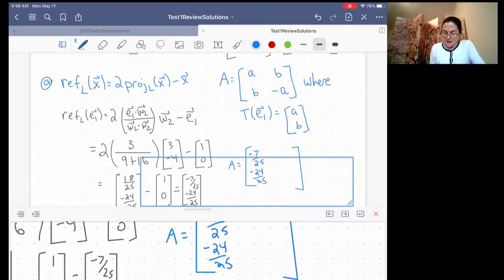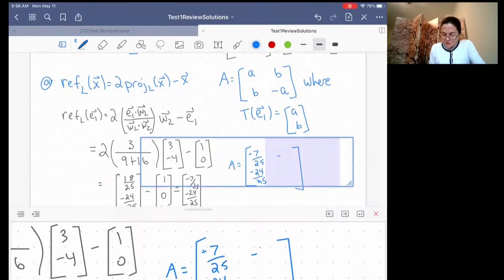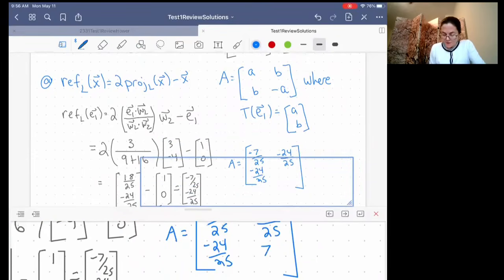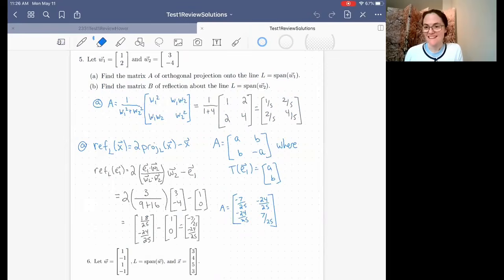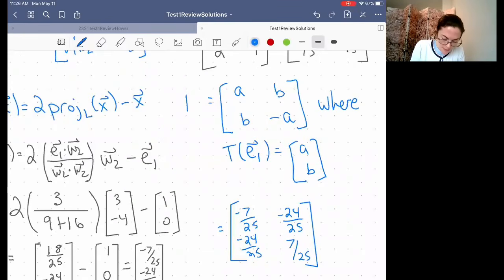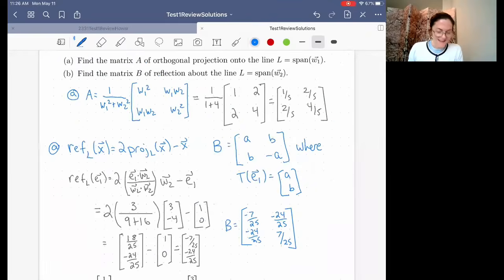That's AB. And then B minus 24 over 25 minus A, 7 over 25. My apologies. Of course, in B, the matrix is supposed to be B, not capital A. So let me just change this. This is B, and this is B. And now this matches the problem. Okay, sorry about that.